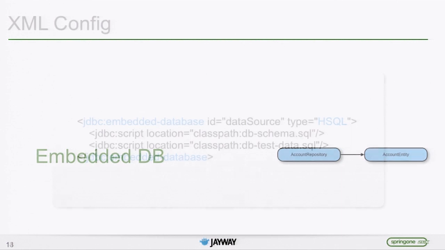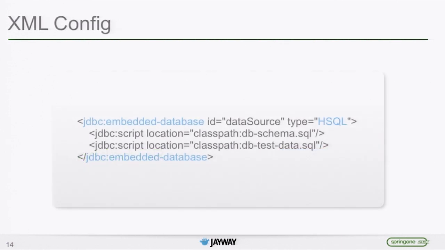If you're using XML-based configuration, this is what the embedded database support looks like. You include the JDBC namespace, and then you just add an embedded database tag. In this particular case it gives you an embedded HSQL database, which is the default one. You can also use H2 or Derby. Apart from this, all you need to do is add the appropriate jar files to your classpath.